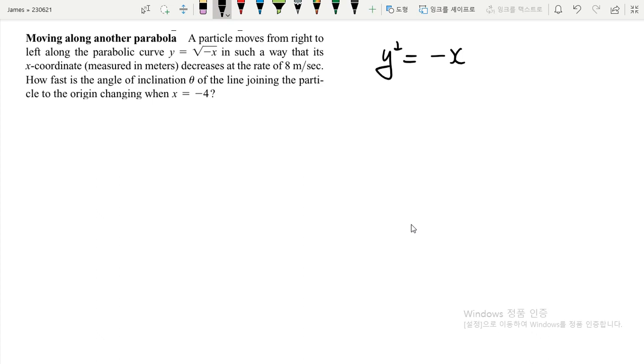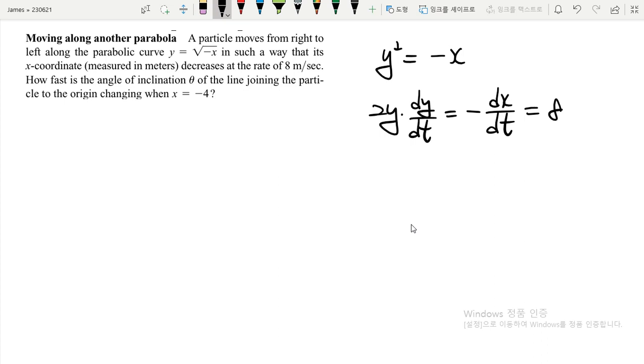So if we differentiate this equation, the x coordinate decreases at the rate of 8 because the particle moves from right to left. That's why the x coordinate decreases. So dx over dt is minus 8. So that means this is a positive 8.